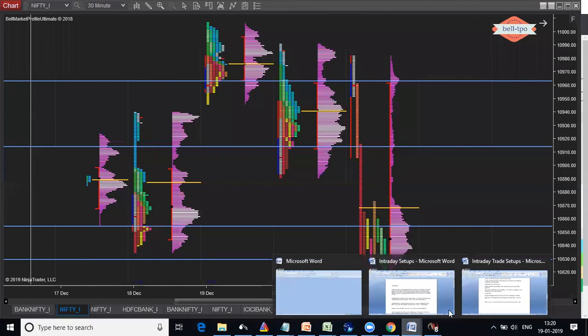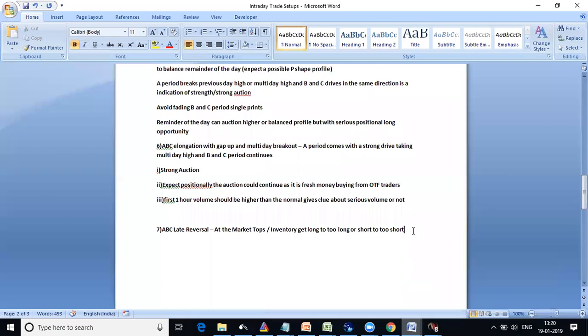So that's why the 6 classifications. Here, the AB period trades inside the range, and the C period does a sharp breakout with a lot of single prints.